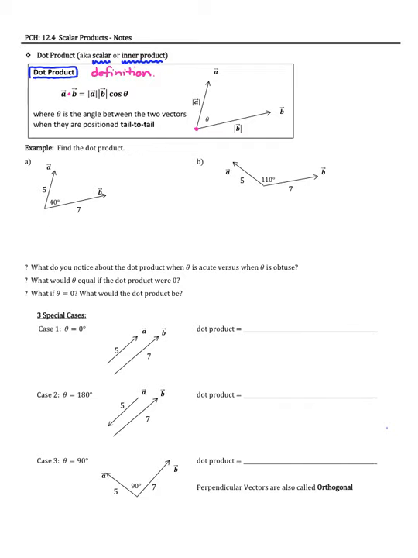Later on, we will have a different method when the information comes to you in a different format. So here we want to find the dot product. So we have A dot B, again, is going to be the magnitude of A times the magnitude of B times the cosine of 40 degrees.